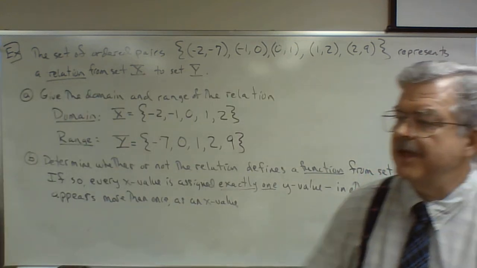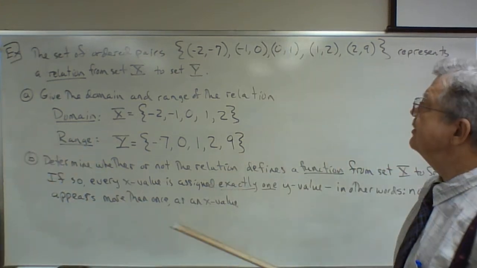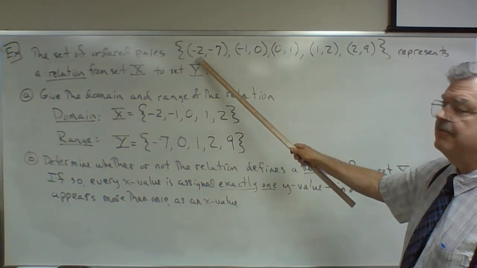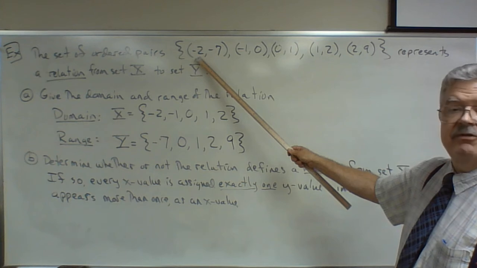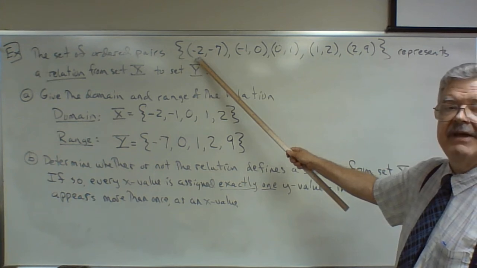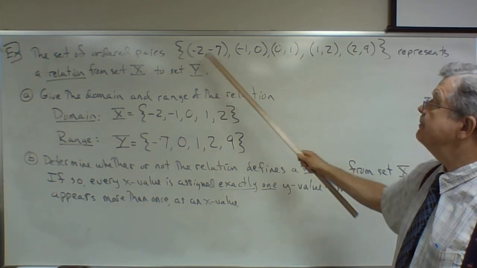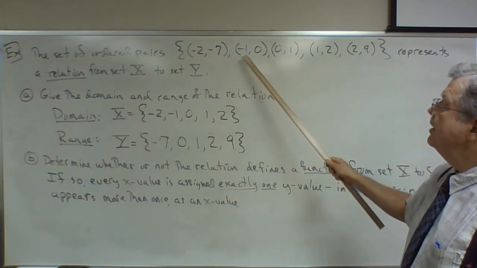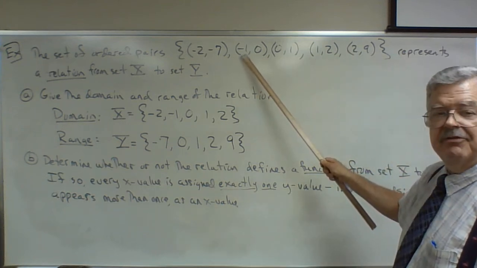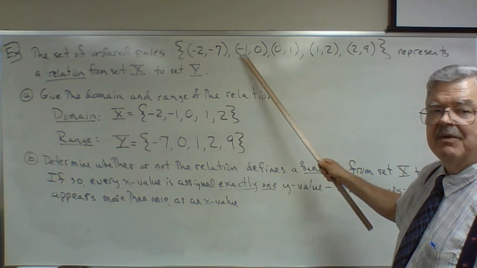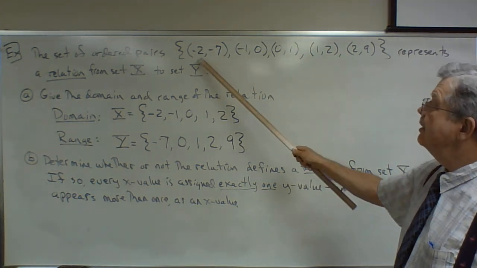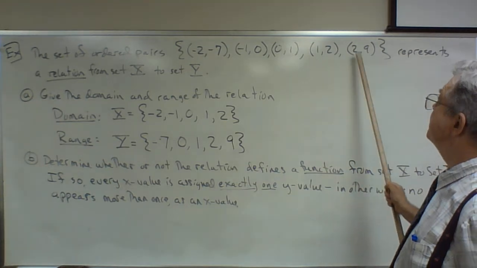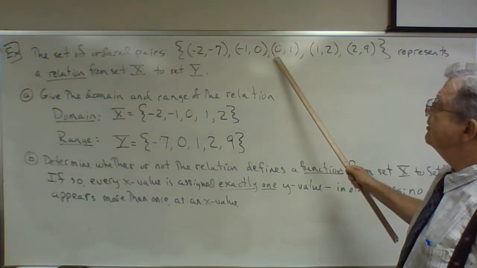So let's check this out. Let's just start at the first ordered pair, -2. Does -2 appear as the x value in any other ordered pair? Nope, nope, nope, nope. Okay. What about -1? Does this appear as the x value in any other ordered pair? Nope. What about 0?